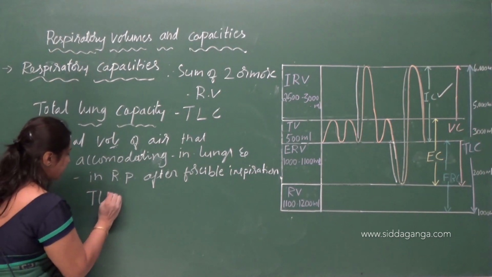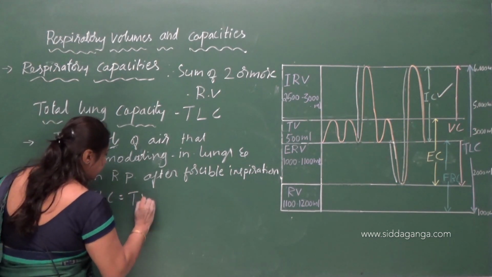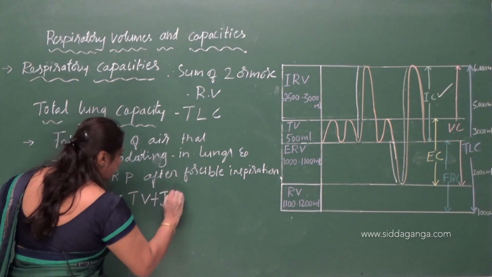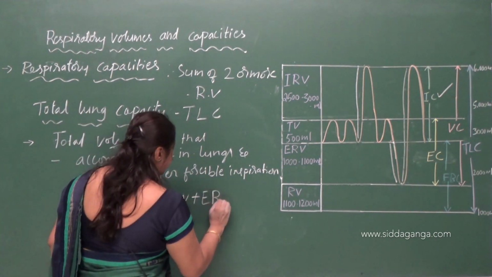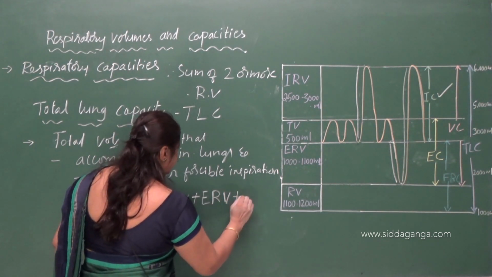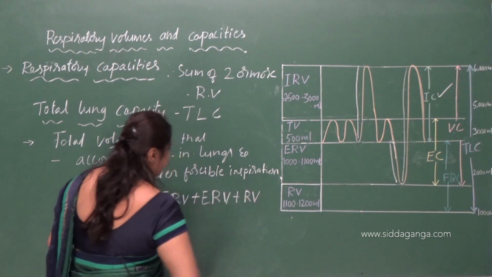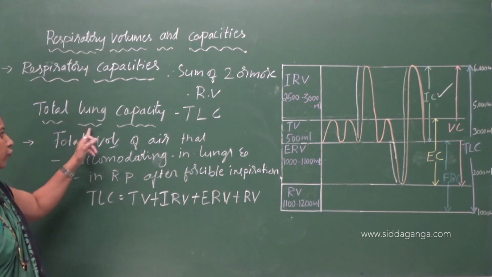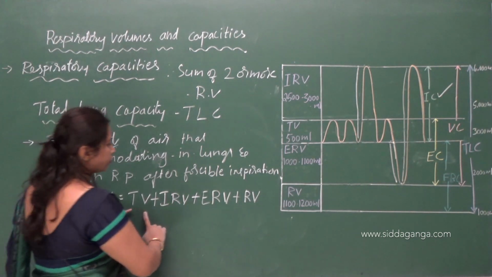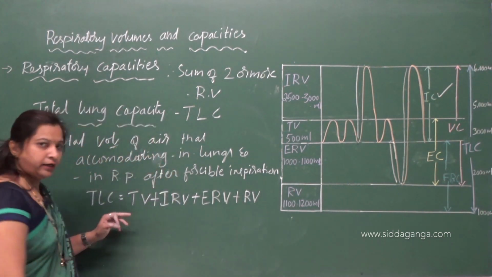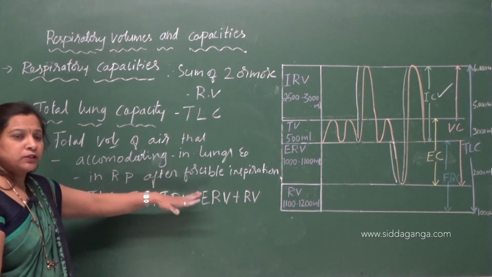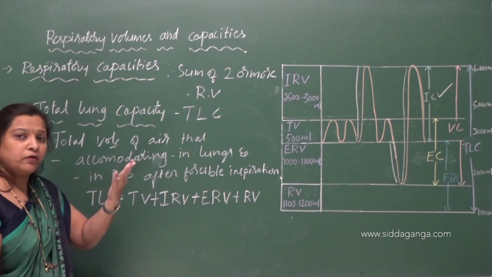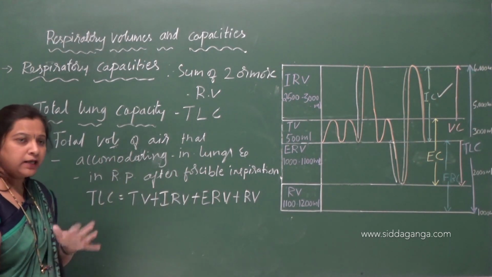So TLC includes TV plus IRV plus ERV plus RV. Okay, so TLC, or total lung capacity, is the sum total of all the respiratory volumes. Our lungs can hold this much volume of air after forcible inspiration.